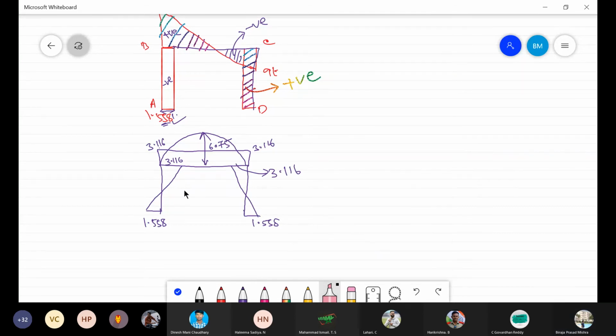So this part is positive, and this part is also positive.